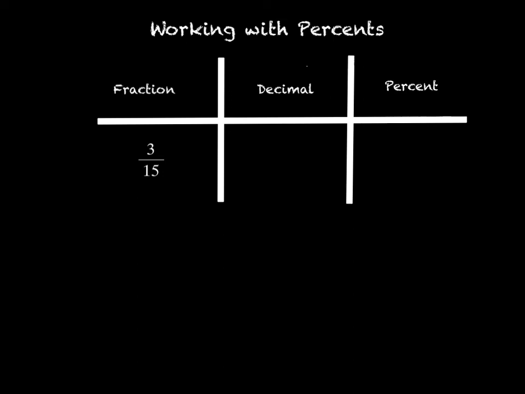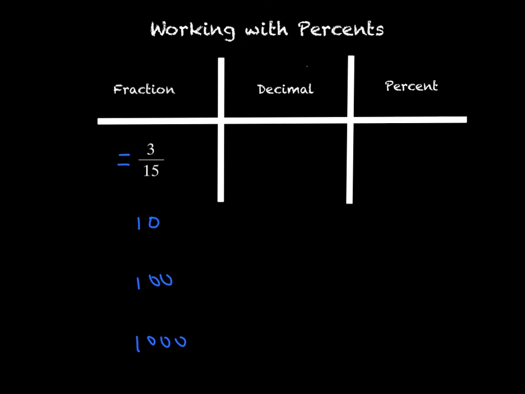Okay, the last thing I wanted to talk about is just transferring from a fraction to a decimal to a percent. In this case, we have 3/15, which for me, to switch it to a decimal, I really need it to be out of 10, out of 100, maybe out of 1,000, and so on. 3/15 I can't get to be out of 100 easily.